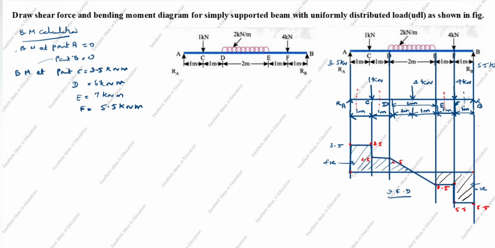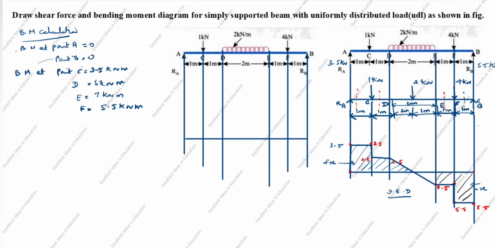Now we will draw the bending moment diagram. You see A point is 0, B point also 0, C point is 3.5, D point is 6, E point is 7, F point is 5.5.